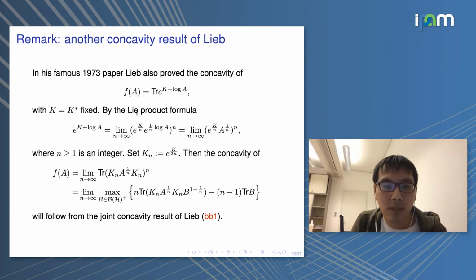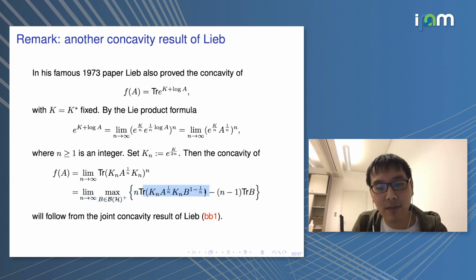If we use the Lie product formula, we can write this exponential as a limit of something which looks nicer, and therefore this function f can be written as a limit of functions of the form in exercise 1'. If you apply the maximum variational method again, then this function f is actually a limit of some maximum of some functions.